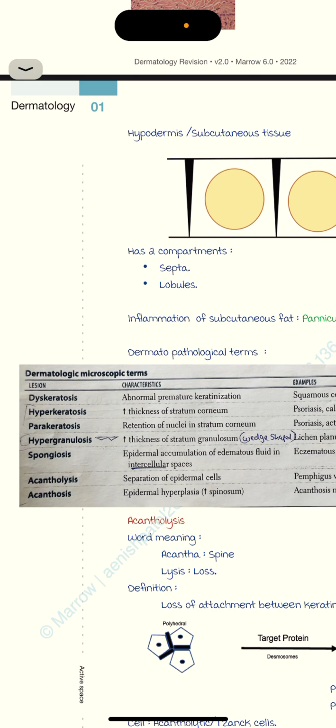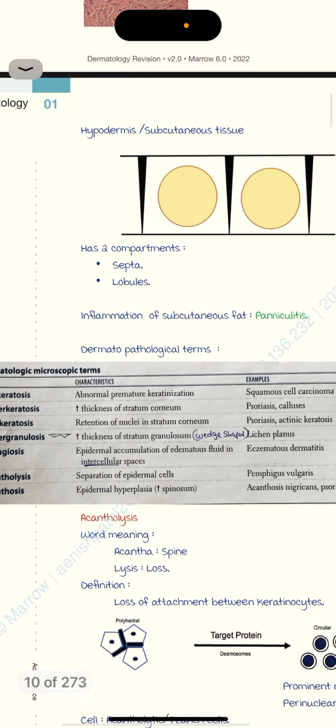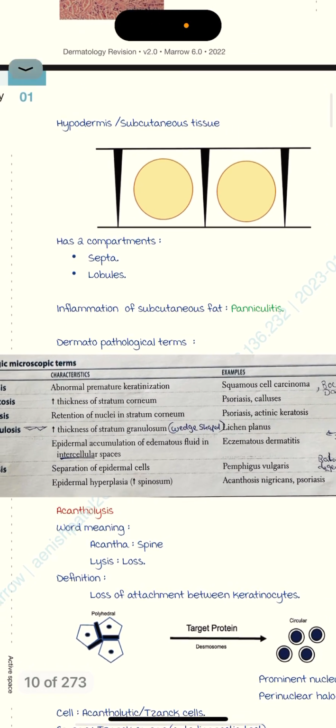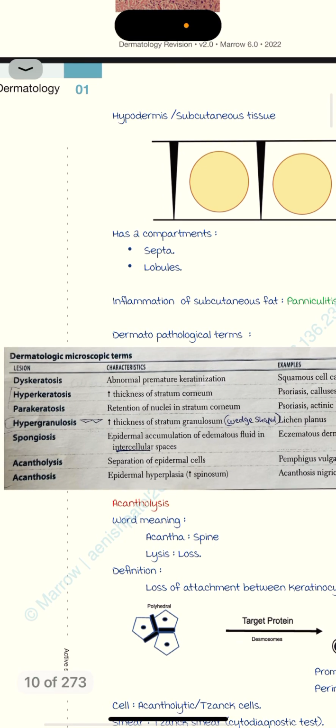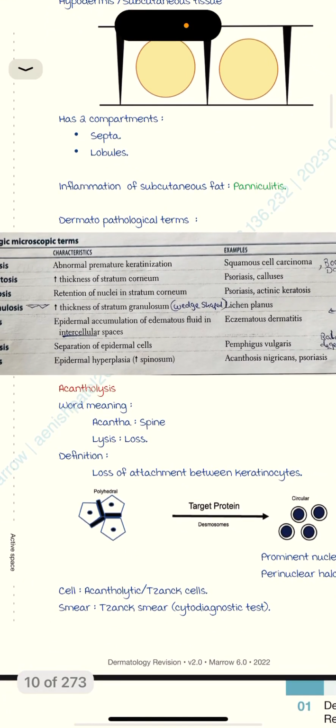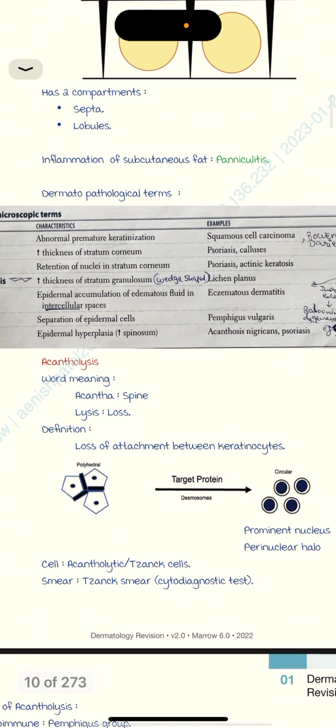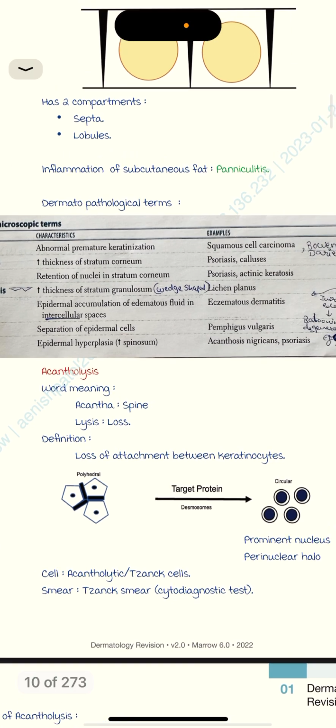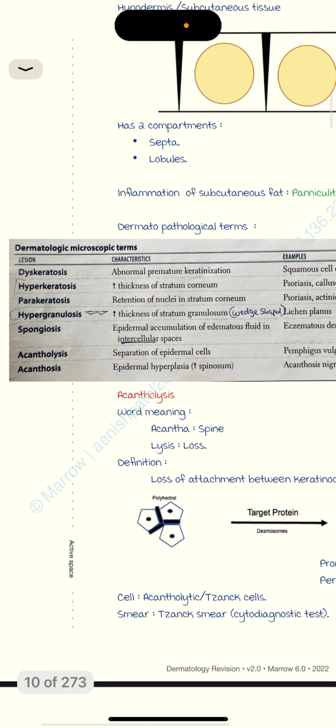Now, if there is hyperplasia or increase in the stratum spinosum layer, then it is known as acanthosis, and it is seen in acanthosis nigricans or psoriasis. And if there is separation of epidermal cells, which is because of the loss of the attachment between keratinocytes, then it is known as acantholysis.